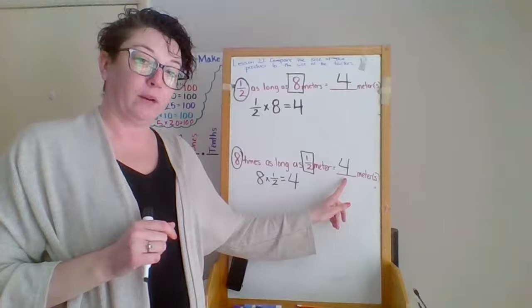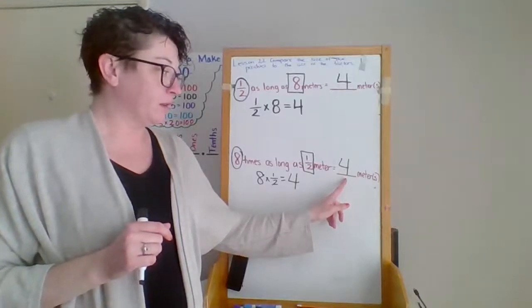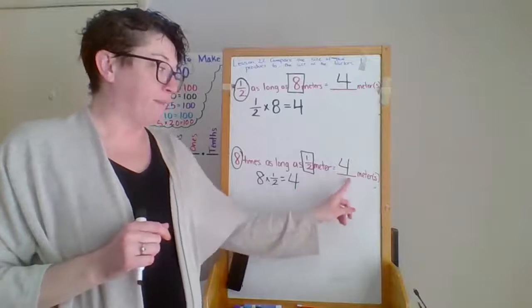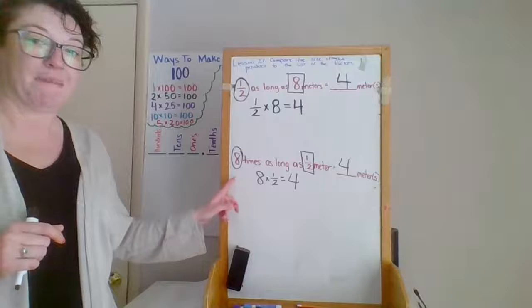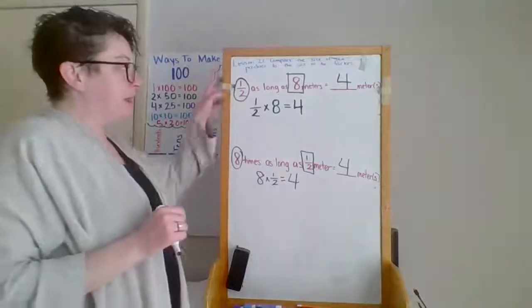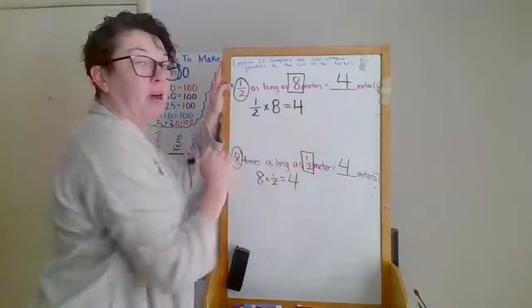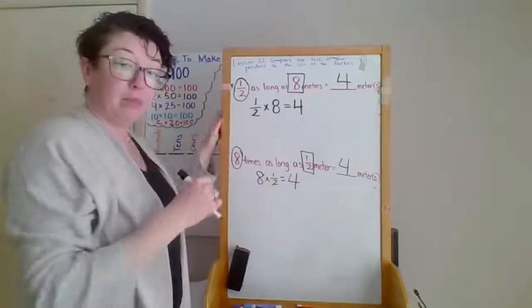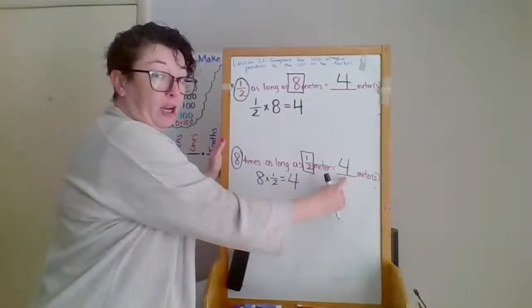Now we have 4. 4 is bigger. The reason that 1/2 got bigger, even though we did the same multiplication, is because we were multiplying it by 8. So here I multiplied by a fraction that was less than 1, and my product got smaller. Here I multiplied by something that was bigger than 1, and my product got bigger.